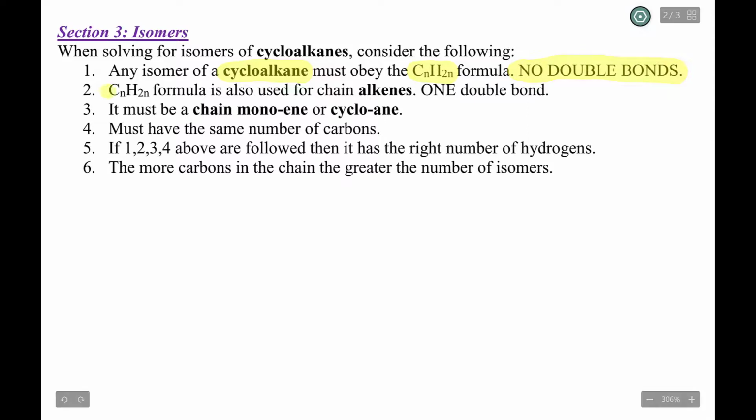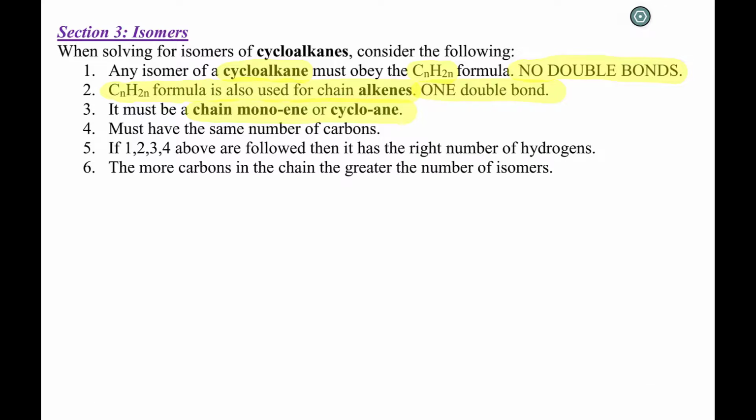Now the big thing is the CnH2n formula is also used for alkenes in chain form with only 1 double bond. So if you count up the number of carbons in the compounds, and you notice it's a chain-ene or a cycloalkane, then they have to be isomers of one another.